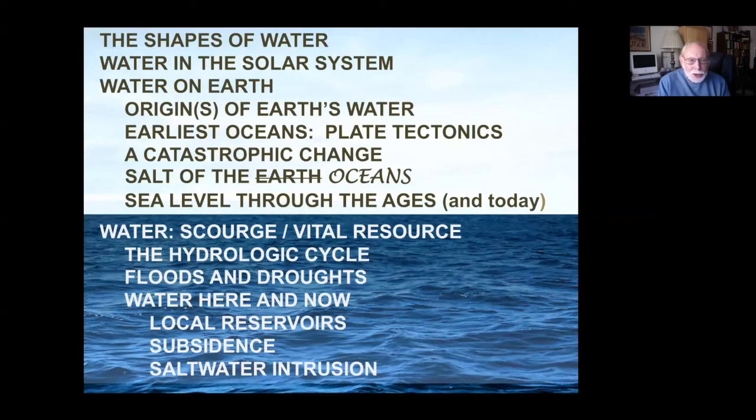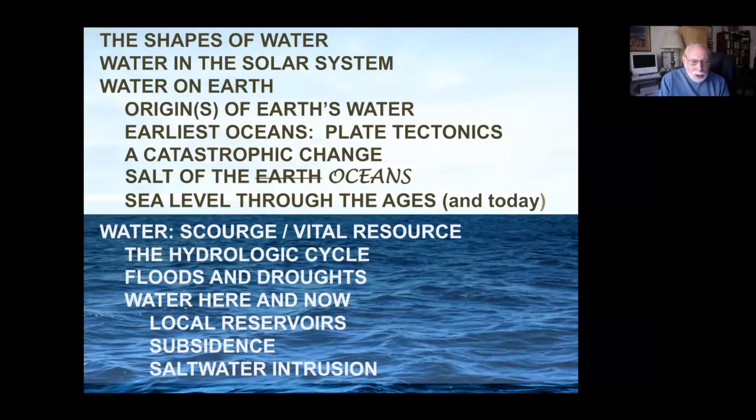We'll talk about the shape or shapes of water, water in the solar system, then water on Earth, and the origins of the Earth's water, the earliest oceans and plate tectonics, and then a catastrophic change that occurred and altered life on Earth forever. And then we'll talk about the salt of the oceans and sea level through the ages and today.